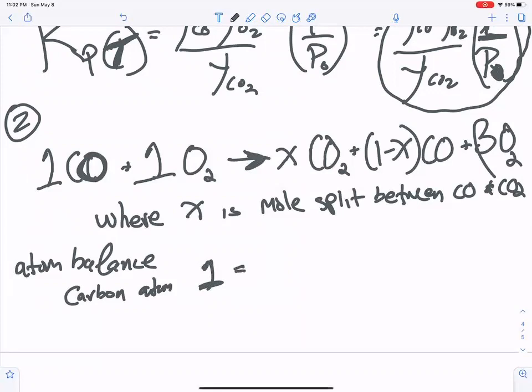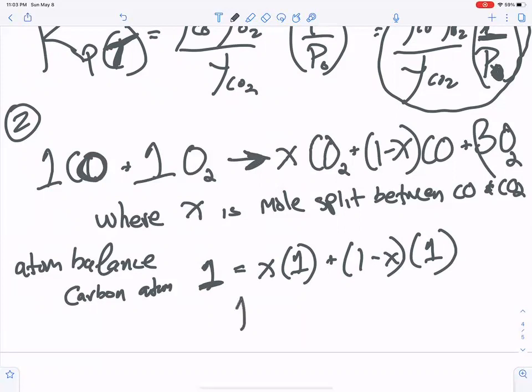Then on the right side, there's going to be some X amount times 1 of carbon in CO2. Then there has to be some 1 minus X amount in the CO molecule. So that means 1 equals X plus 1 minus X, which equals 1. That doesn't give us much. It just verifies that, sorry, this should be X.